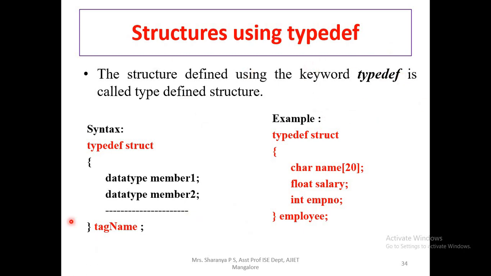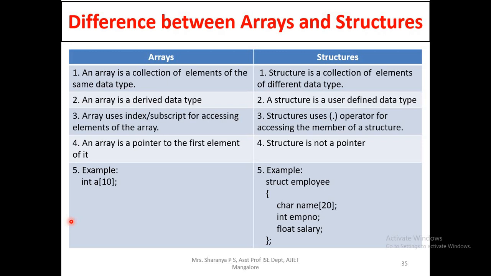And if you look at the difference between arrays and structures, we have already discussed arrays, and now we have discussed structures as well. The main difference is that an array is a collection of elements of the same data type, whereas a structure is a collection of elements of different data types. An array is a derived data type, whereas a structure is a user defined data type.